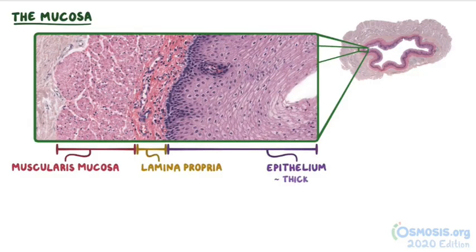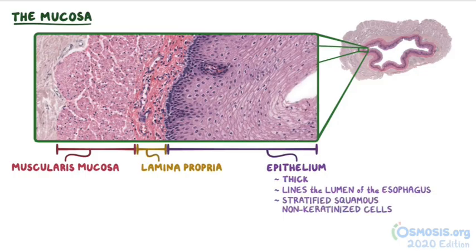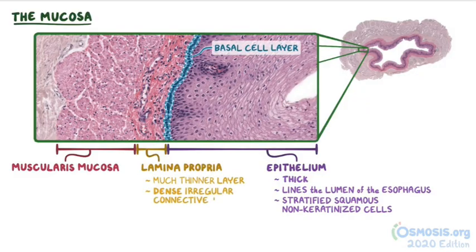The thick epithelial layer lines the lumen of the esophagus and consists of stratified squamous non-keratinized cells, which have their typical appearance of flat, overlapping cells that are more flat as they move away from the basal cell layer. The lamina propria is a much thinner layer of dense, irregular connective tissue.